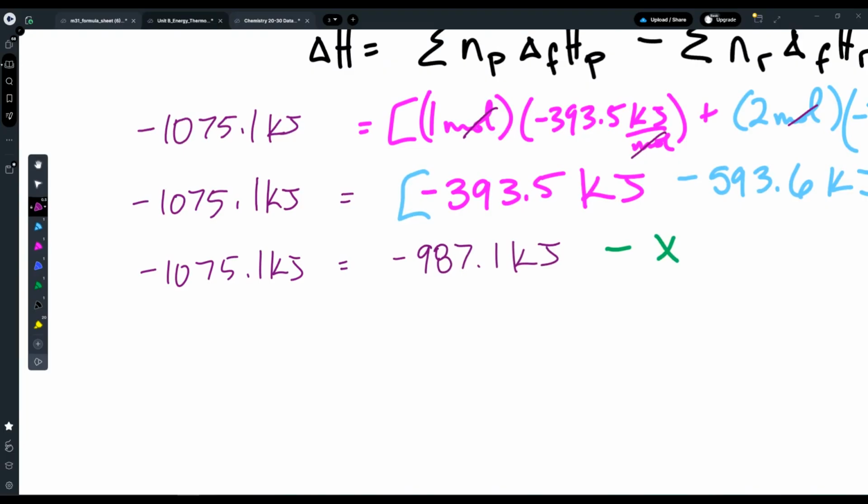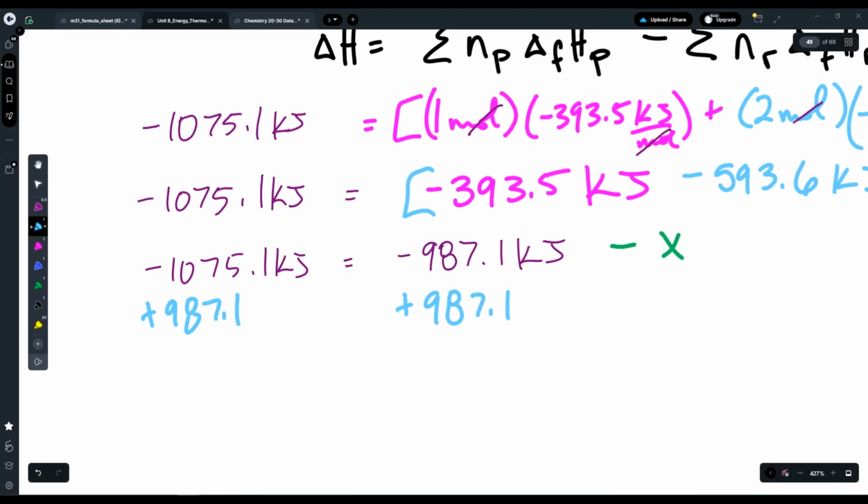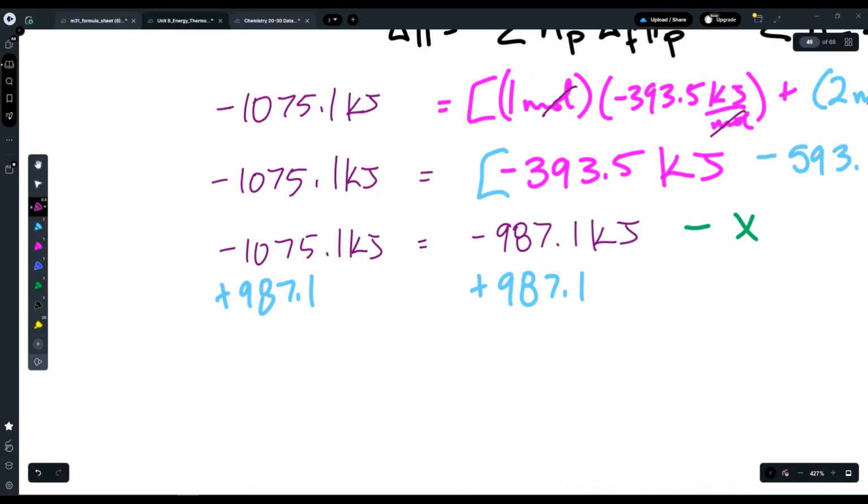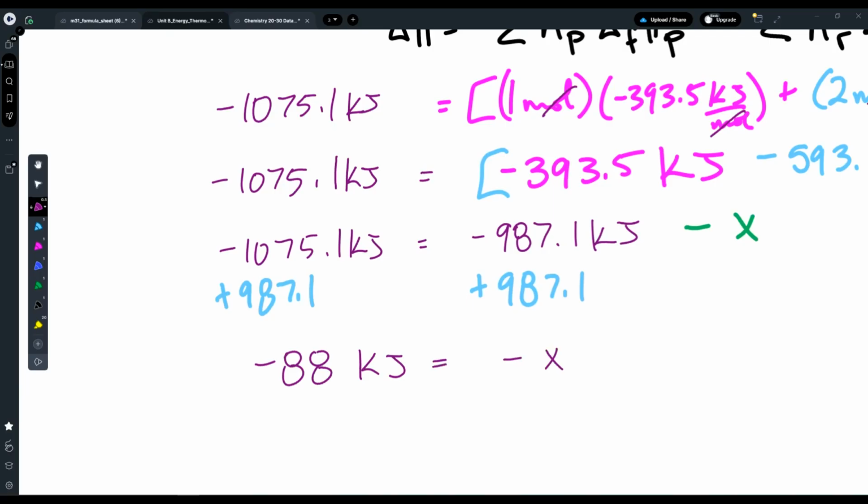Okay, now to isolate x here, I'm thinking to myself, in order to isolate this, I'm going to have to add over 987.1. So that's going to give me negative 88 kilojoules is equal to negative x.